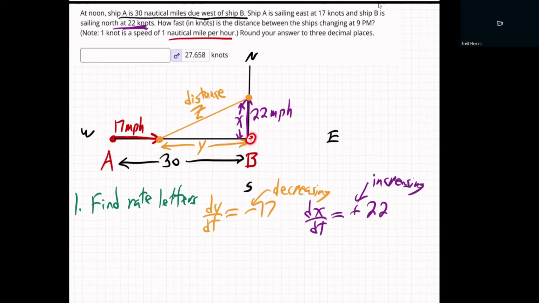X is how far from that central point up to where the ship currently is, and it's growing by 22 miles every hour because the ship's going north at 22 miles per hour. And this distance Y is shrinking because it's coming this way by 17 miles every hour.